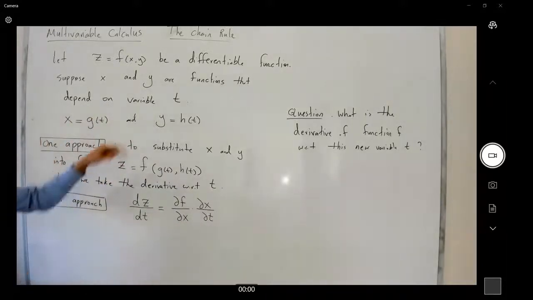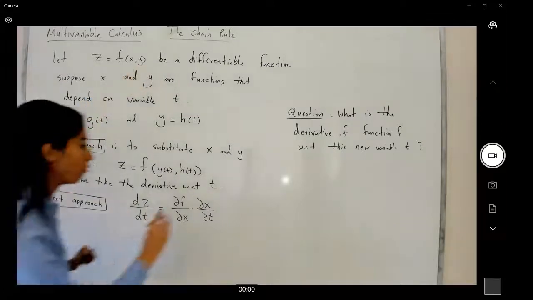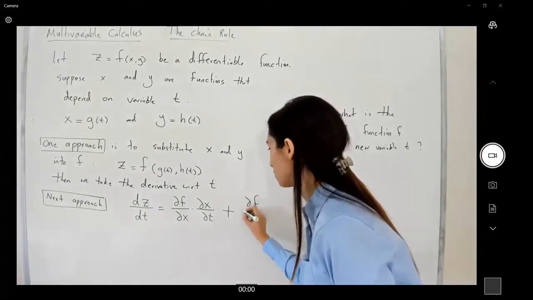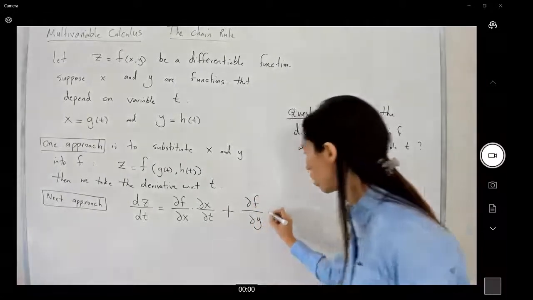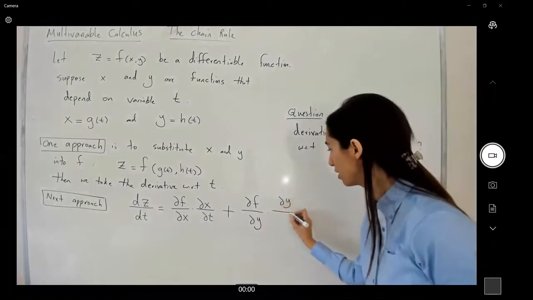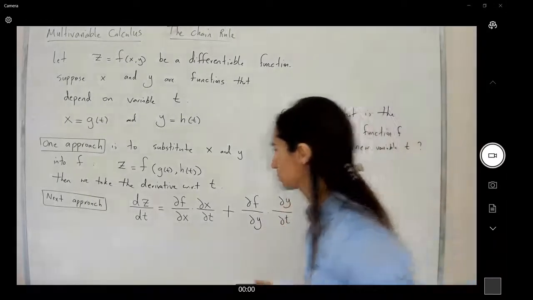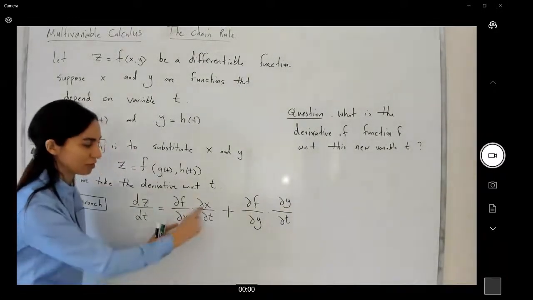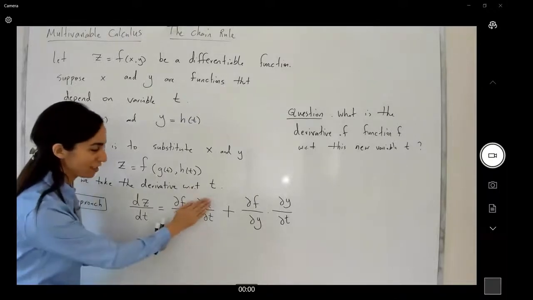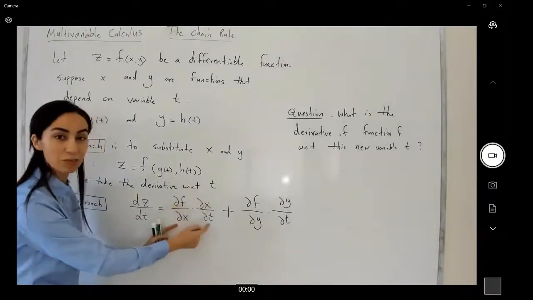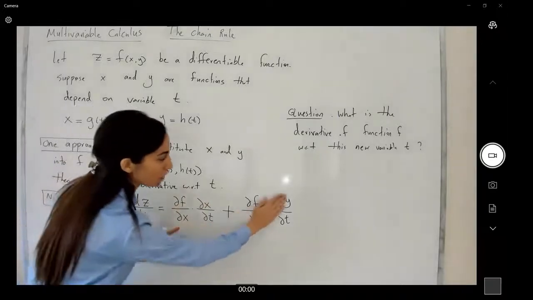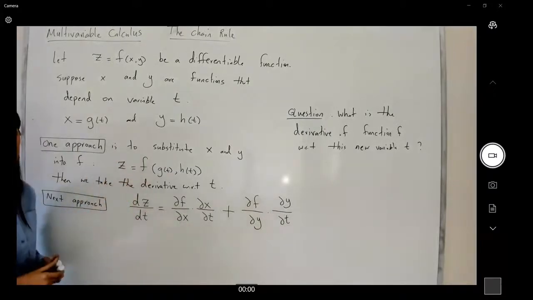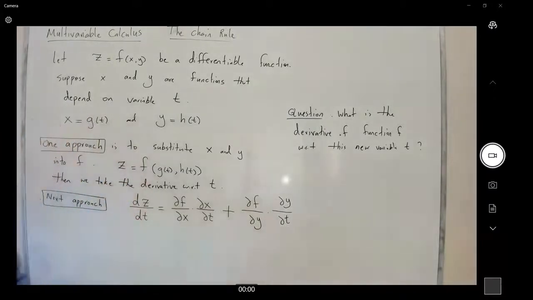Now we move on to y: plus the partial derivative of f with respect to y times the partial derivative of y with respect to t. Note that you can cancel out the partial derivatives of x and y.